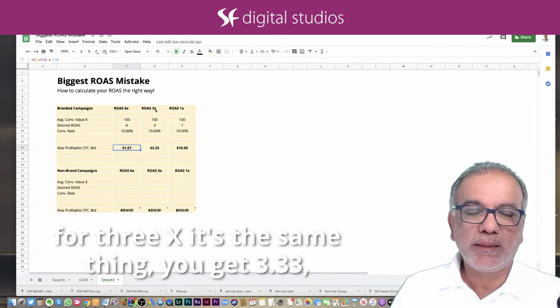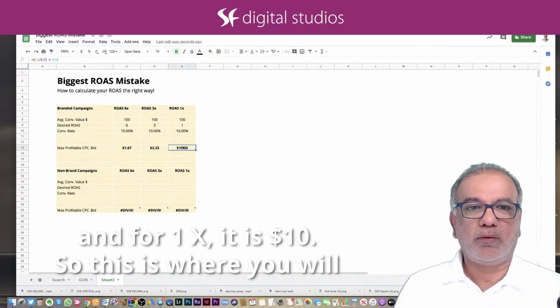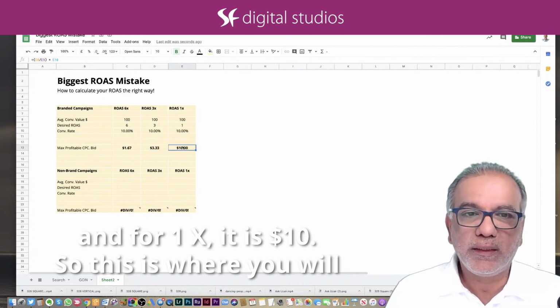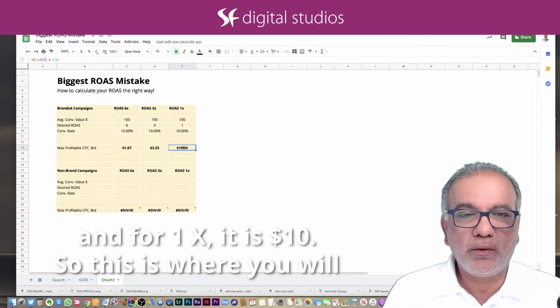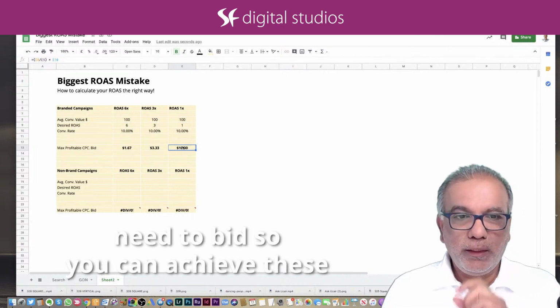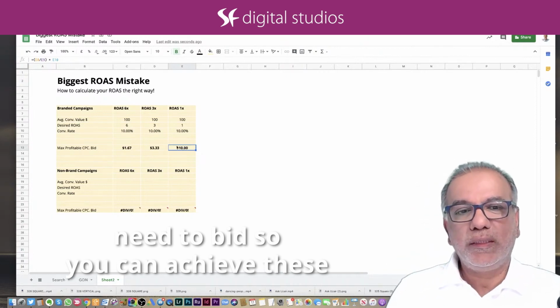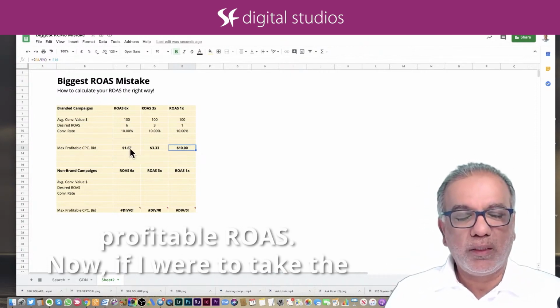For 3x is the same thing. You get 3.33. And for 1x it is $10. So this is where you will need to bid so you can achieve these profitable ROAS.